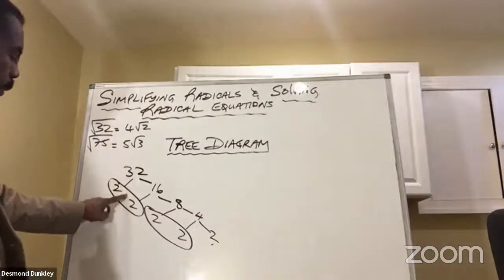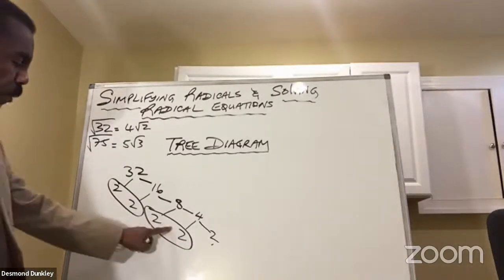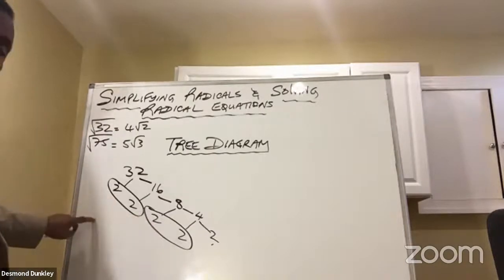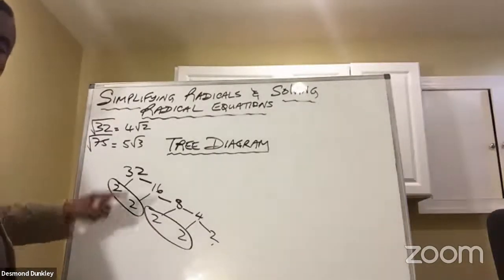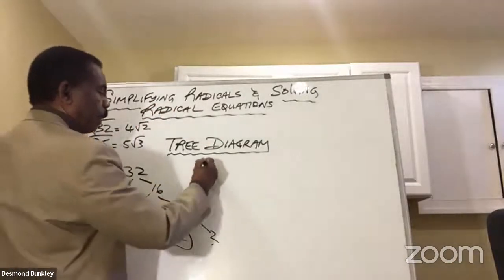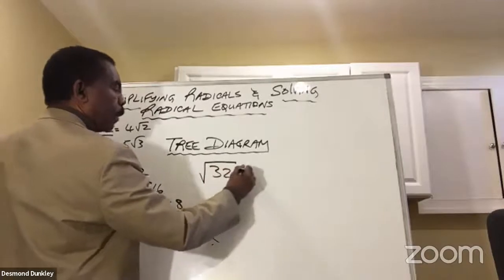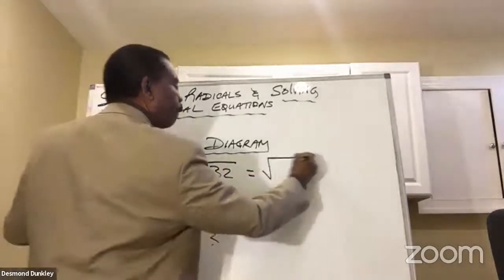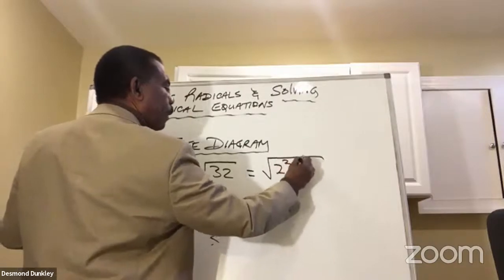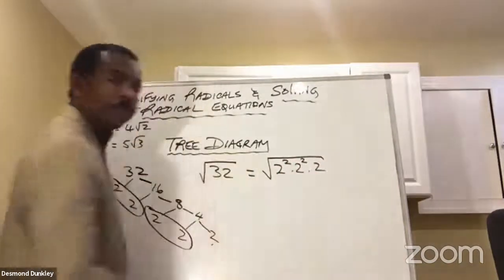The square root of this is 2, the square root of this is 2. So 2 comes outside, 2 comes outside, and 2 times 2 gives us 4. So the square root of 32 becomes the square root of 2 squared times 2 squared times 2.